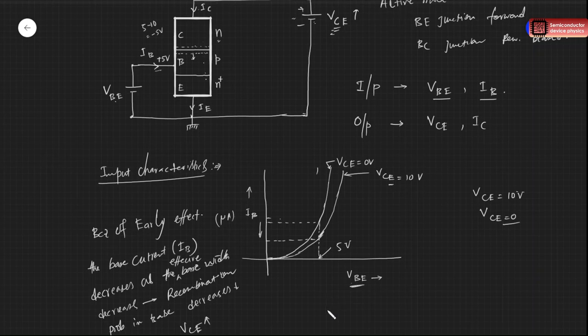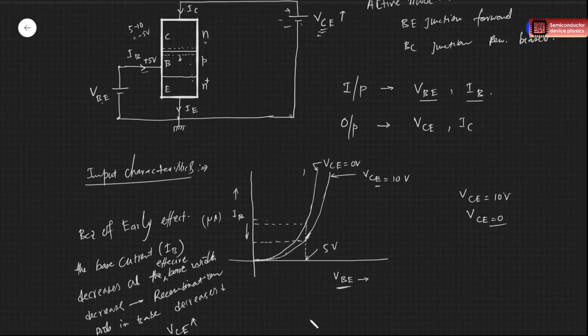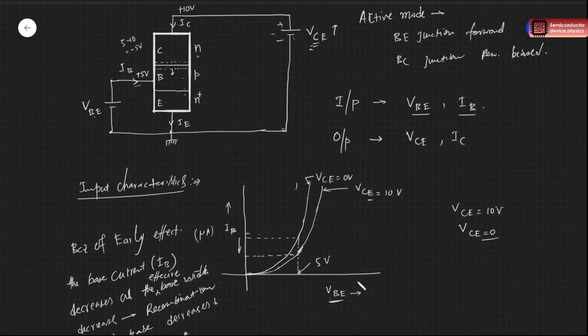Yes, sir. Sir, when VC is 0, then the base and collector become reverse biased, sir. Like there is VB, sir. So VC is 0.